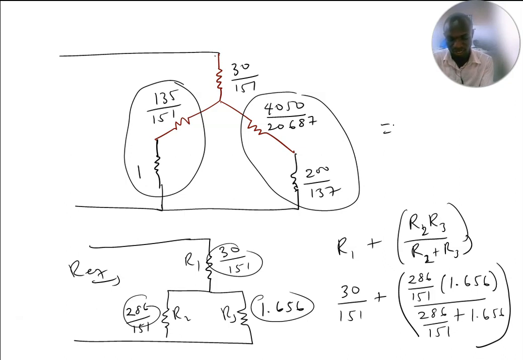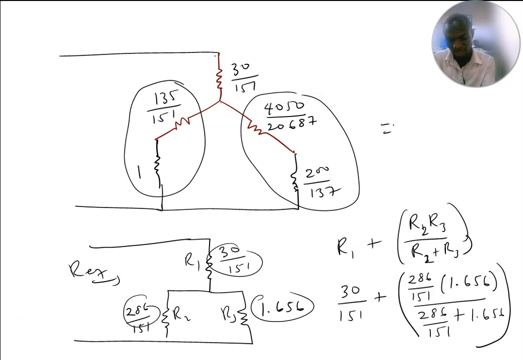So we are going to get 30 divided by 151 plus a fraction on top, 286 divided by 151 times 1.656, all divided by 286 on 151 plus 1.656.